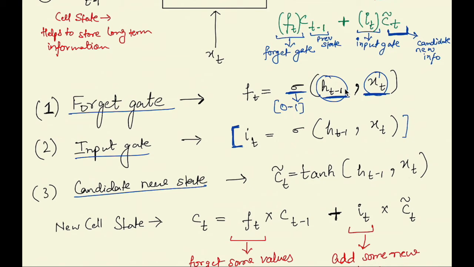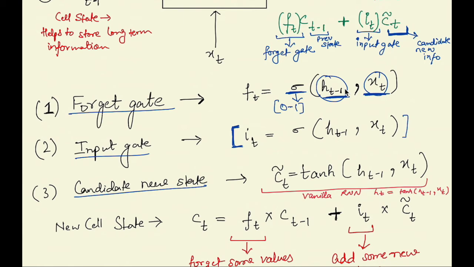And if you remember, if we had a vanilla RNN, this used to be our output. Basically, ht used to be simply some tanh function of ht-1 and xt in our vanilla RNN, and there was no concept of cell state, but that's why we are calling it candidate.